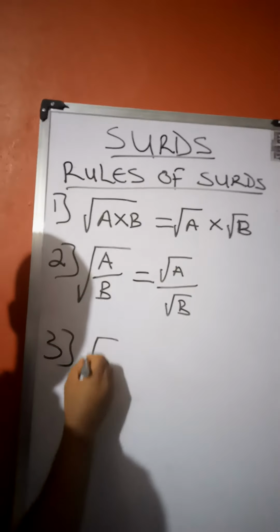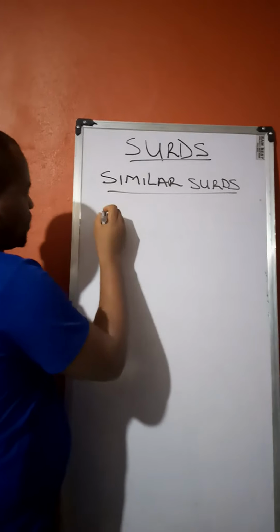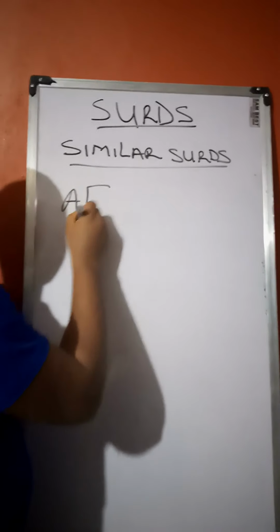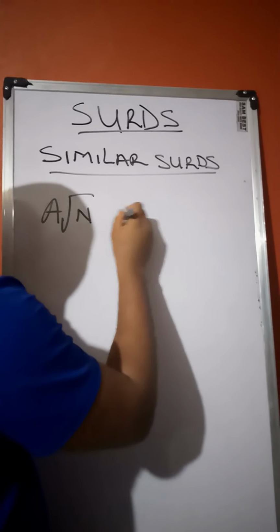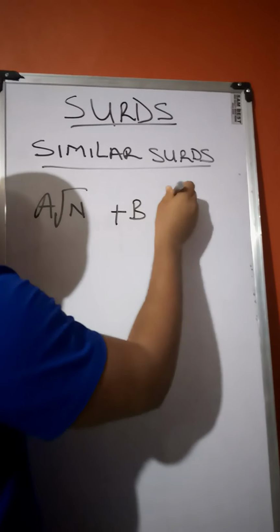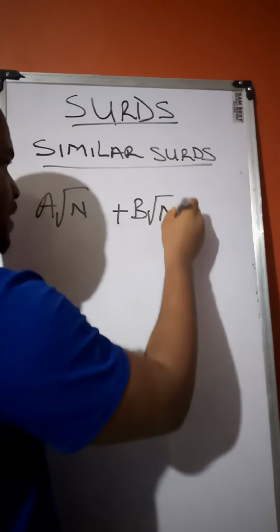Let me also explain what similar surds are, because it's going to help us in our operations in surds. Similar surds are surds that have the same integers in the root. Let's say I'm given a root n plus b root n.